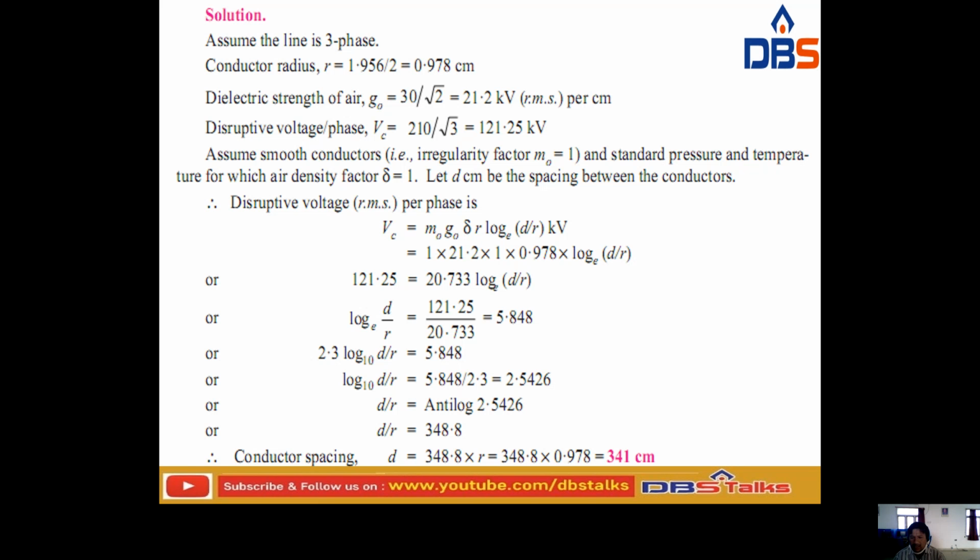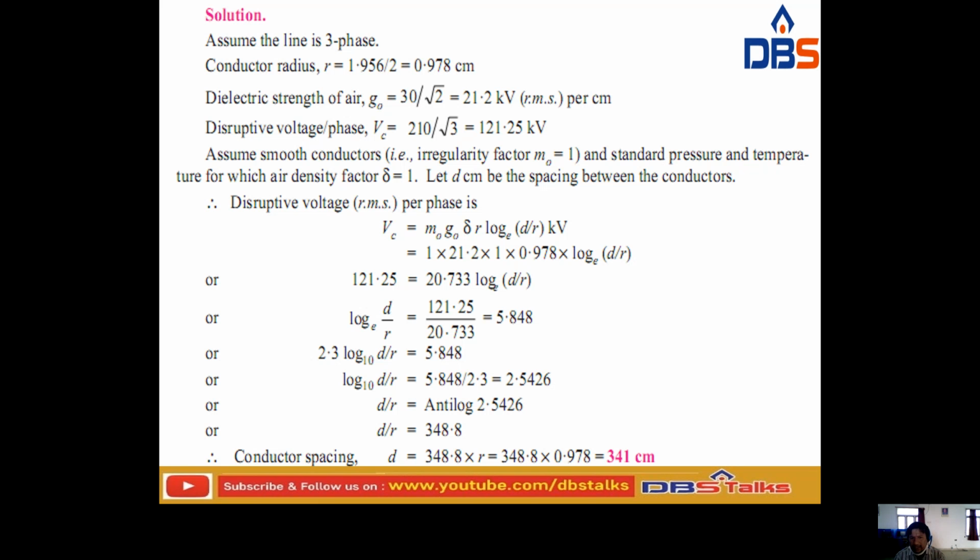Now, what is the formula for critical disruptive voltage in RMS? That is VC is equal to M0 G0 delta R log base e D by R kV.